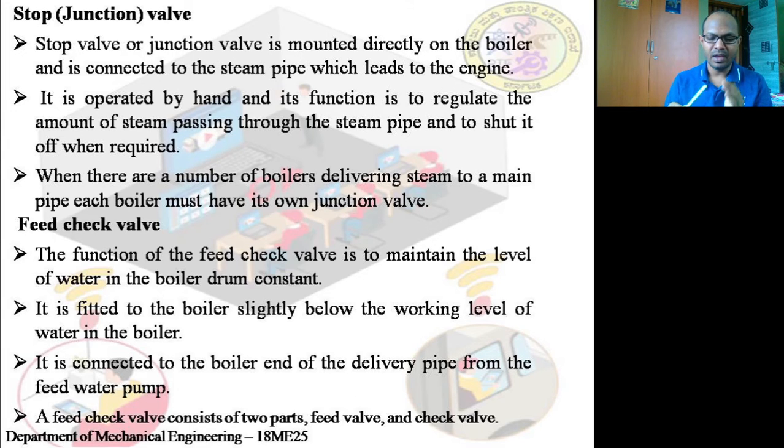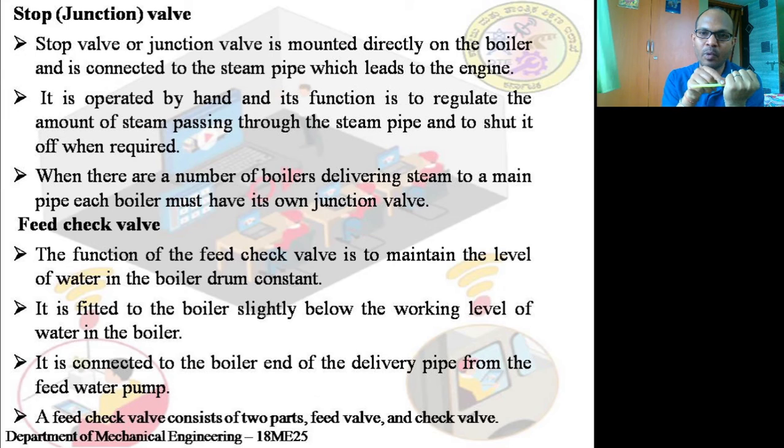Now just imagine this, my hand is the boiler drum. This is fixed at the bottom portion of the feed check valve, and it will have two valves: one is a feed valve and the other is a check valve. Whenever it finds a decrease in the water level, it automatically opens the feed valve. Feed means you have to feed it, correct?